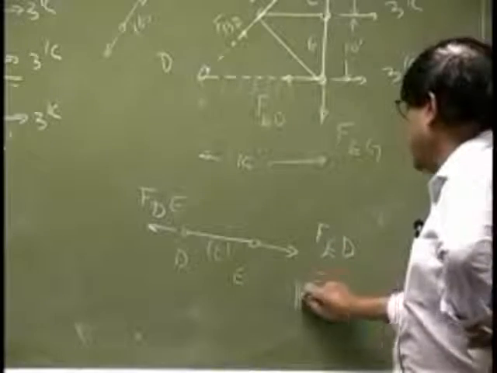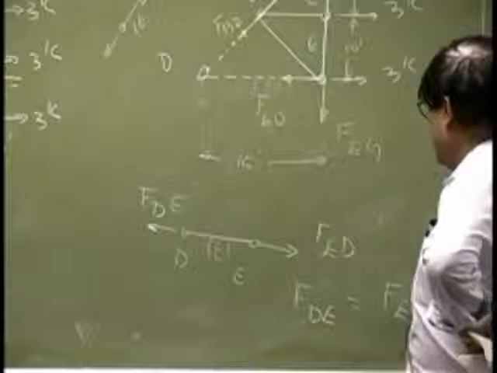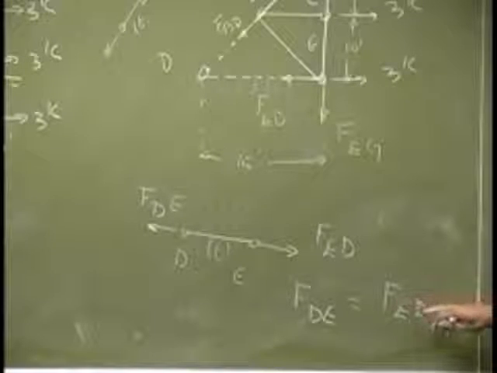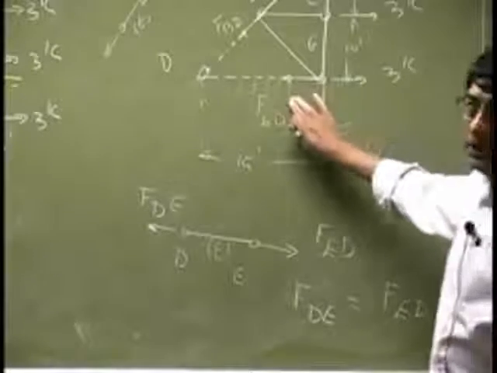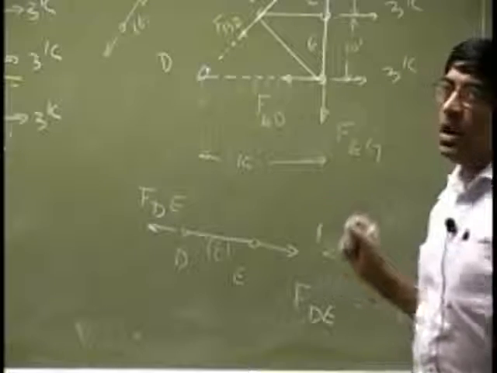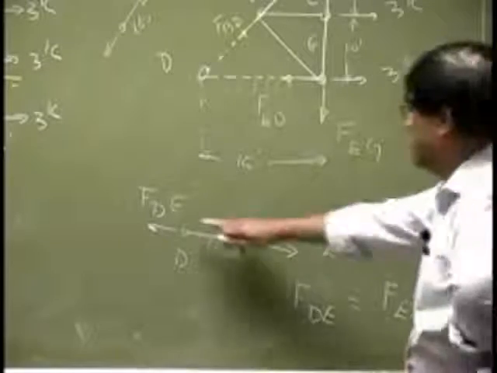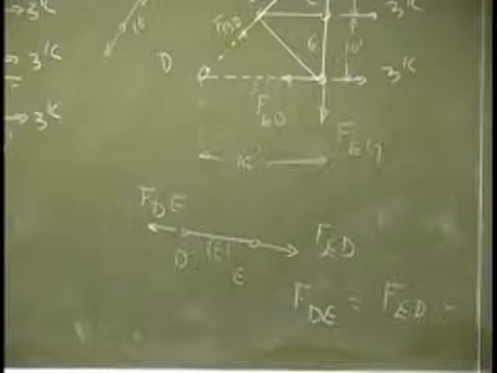So your FDE is the same thing as FED. So that's why I don't make any distinction between which one I'm going to write first. I could write this as FED, or I could write this as FDE. It still counts as the force in member DE, and the reason is simple: these two end forces have to have an equal magnitude.